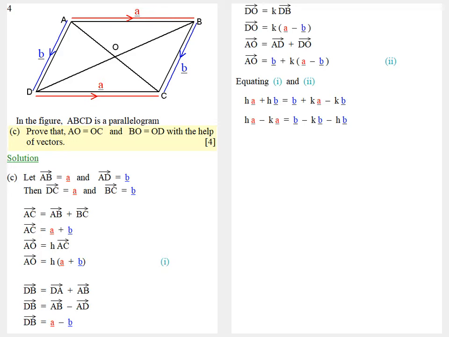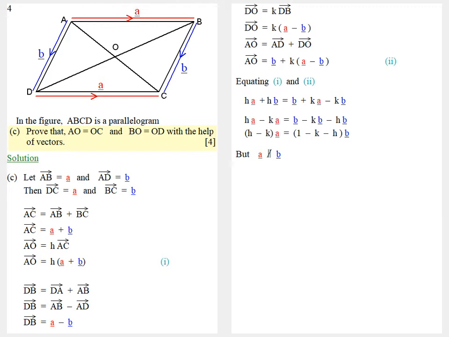And we can factorise them. h minus k times a equals 1 minus k minus h times b. Now that seems to imply that a and b are parallel to each other, because a multiple of one is equal to a multiple of the other.